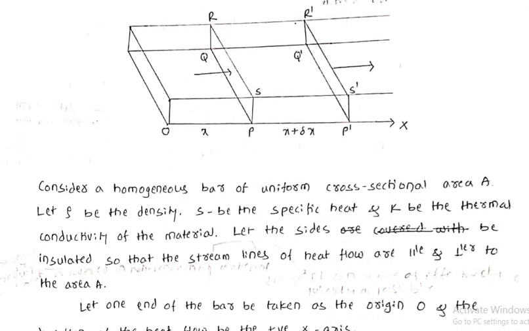Consider a homogeneous bar of uniform cross section. These PQRS and P dash, Q dash, R dash, S dash are called cross-sectional areas. Rho denotes density, S denotes specific heat, and K denotes the thermal conductivity of the material. The sides of the bar are insulated.